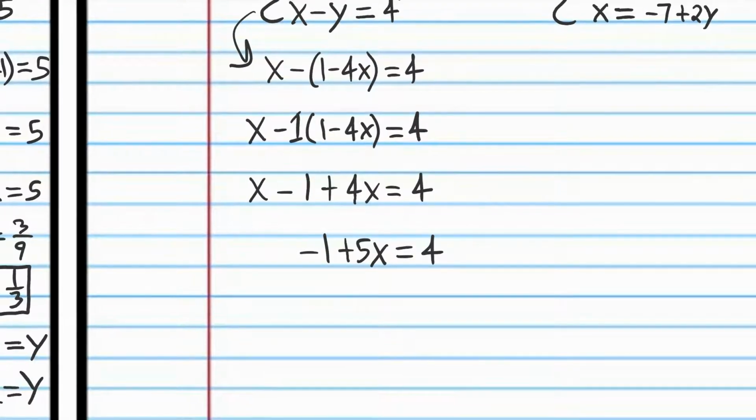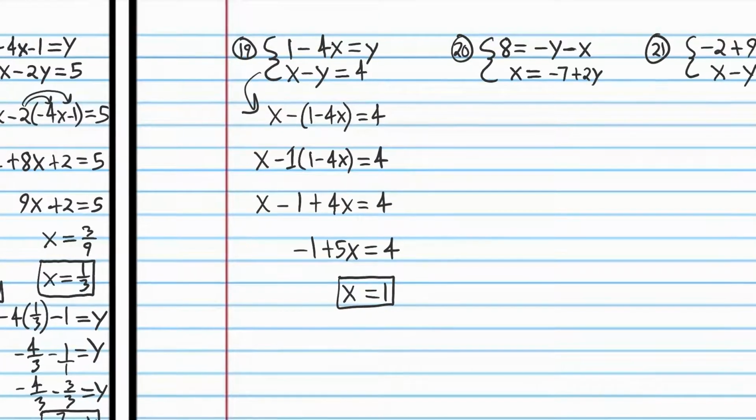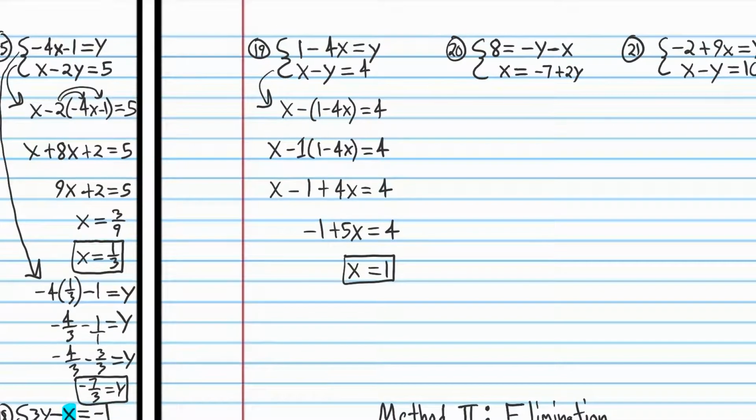Add 1 to both sides, divide both sides by 5, and you get 1. So x is equal to 1. And of course we use the other equation to find y, plugging in x.